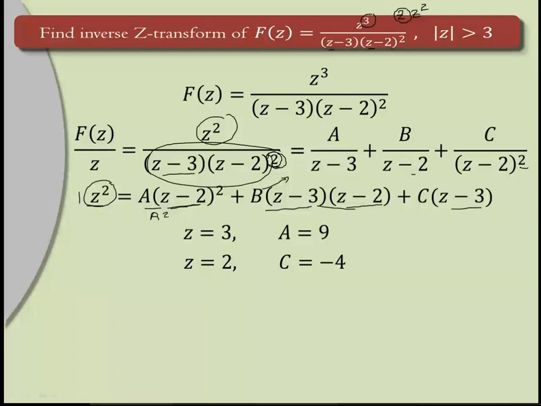Now if you multiply these two brackets, the only z square term we get is multiplied by b, so it is b z square. In third term, there is no z square term. So the z square terms on right hand side are a and this b. So a plus b is the coefficient of z square on right hand side, and on left hand side the coefficient of z square is 1.